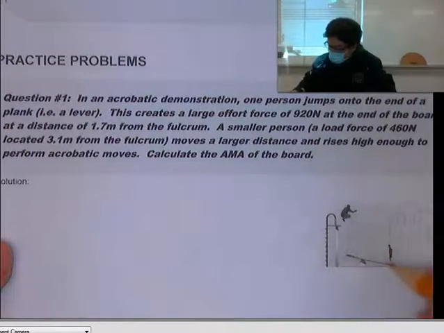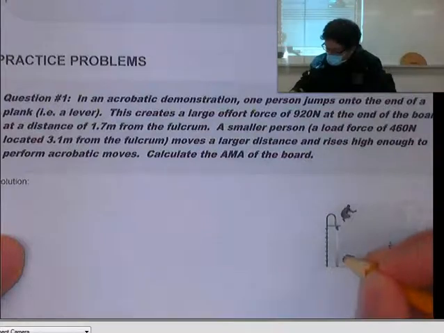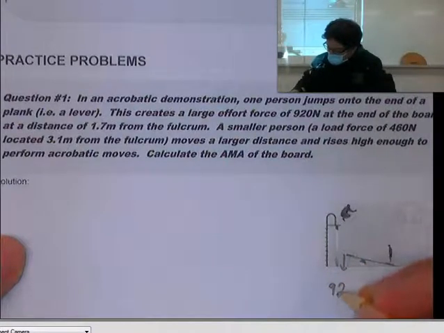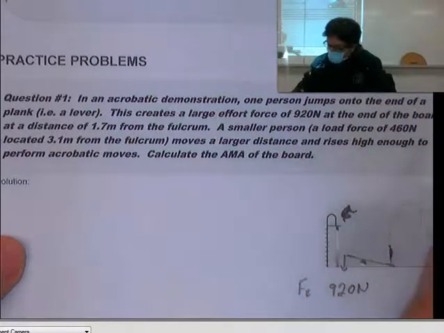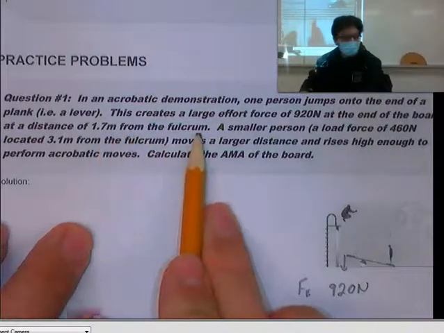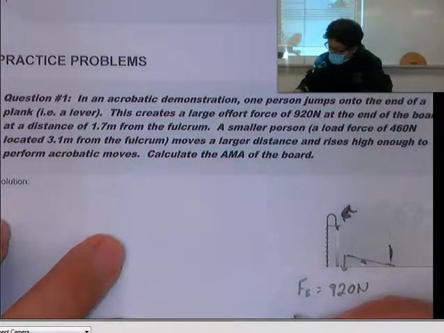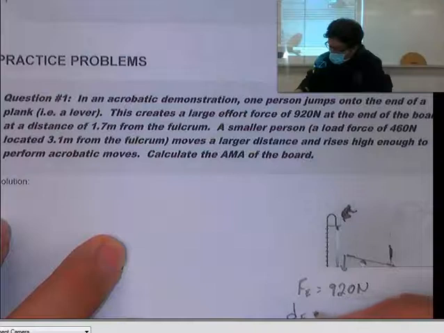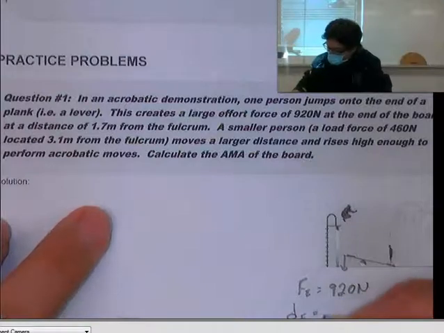Here we have a lever. This creates a large effort force right here of 920 newtons. That's our effort force. At the end of the board, at a distance of 1.7 meters from the fulcrum, so that is our effort arm, which is 1.7 meters.